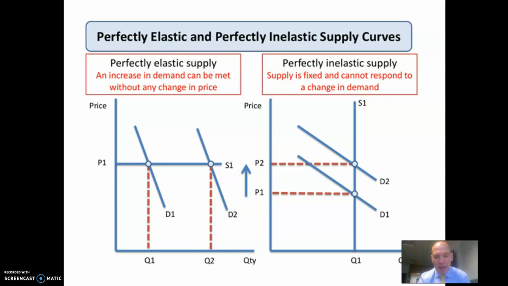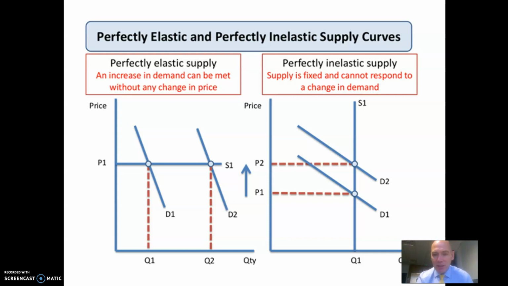There is an increase in the amount traded from Q1 to Q2 without any increase in price whatsoever. Supply is perfectly elastic, completely responsive, no change in price needed in order for supply to be able to increase. So that increase in demand can be met without any change in price.